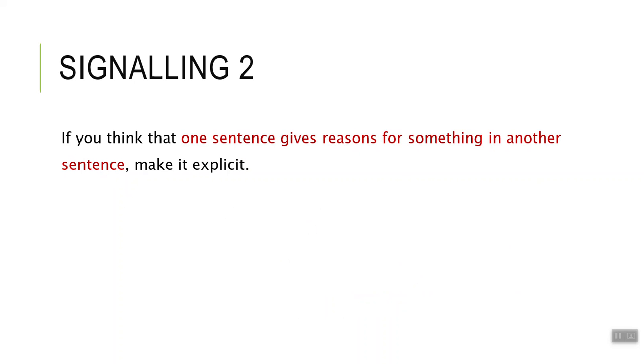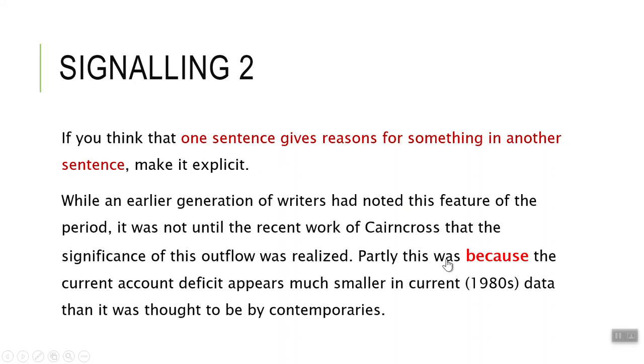If you think that one sentence gives reasons for something in another sentence, make sure it's quite obvious. Because, such as, the reason, another reason, it is because, one of the many reasons. There are so many phrases to help you with the signaling.